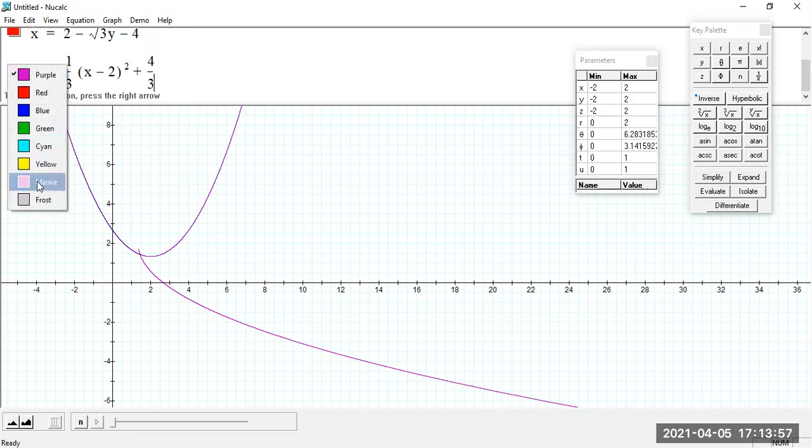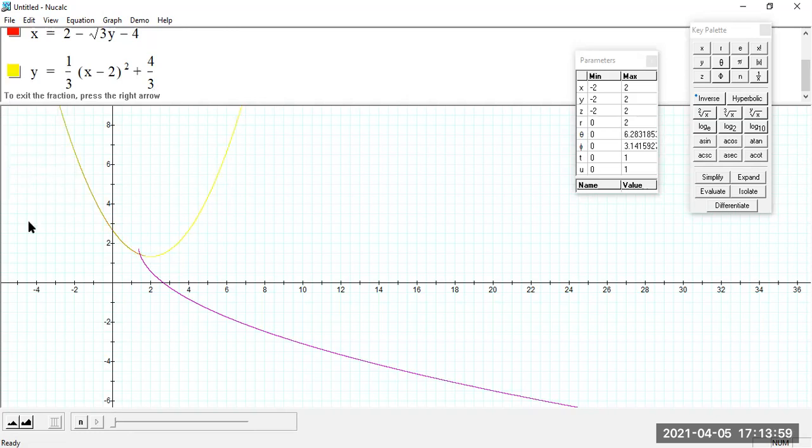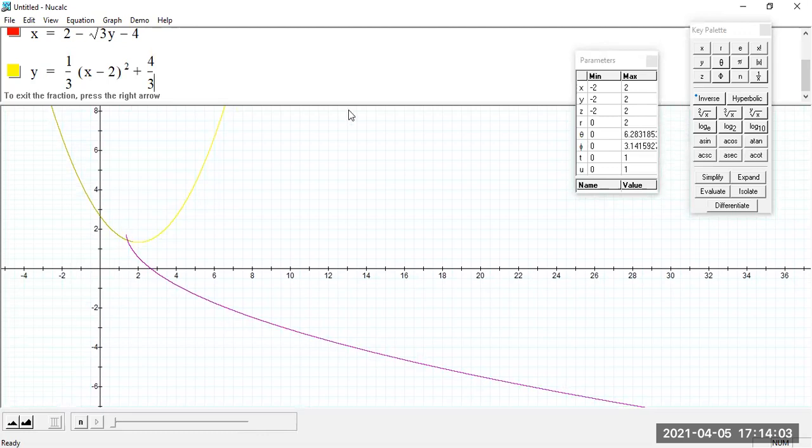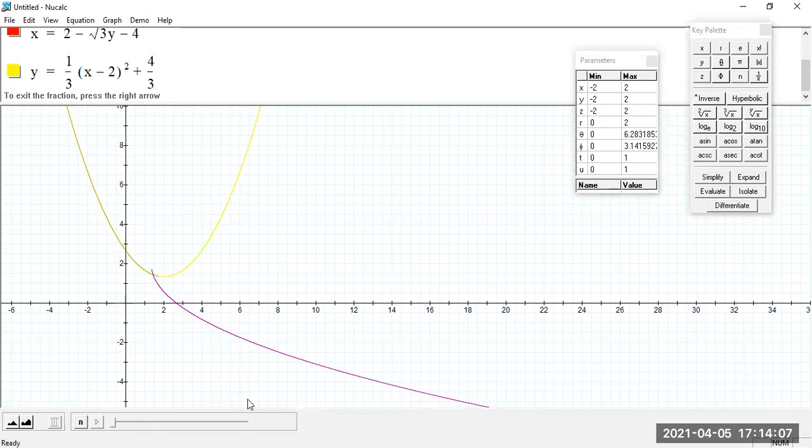Let me change this to yellow. Now, this is a better view, I believe. Let me screenshot that and insert that in our notes.